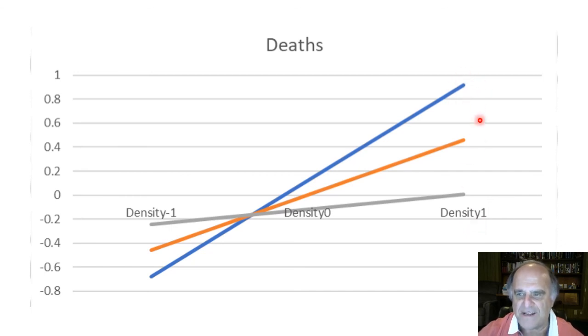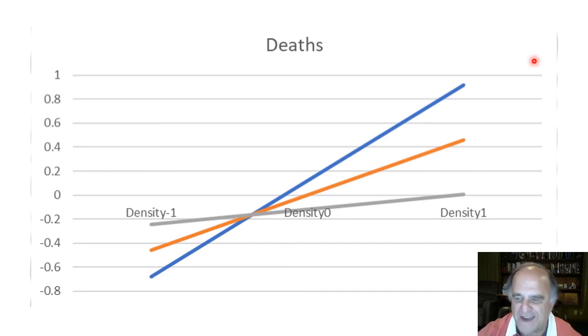If you have high density and low temperature, it's going to be a problem. If you have low density, then actually they all have below average deaths, but with low density, low temperature results in the lowest number of COVID deaths per million.